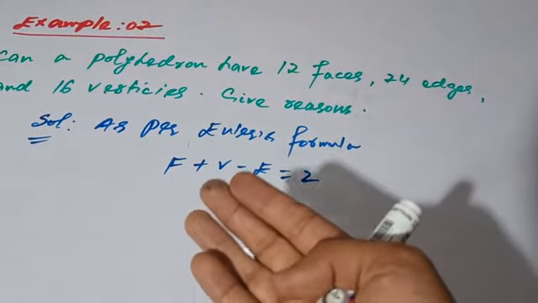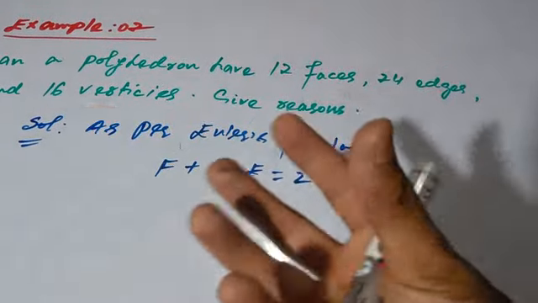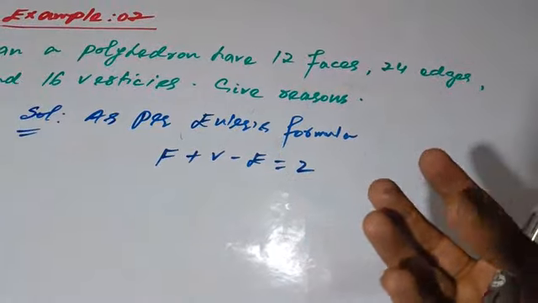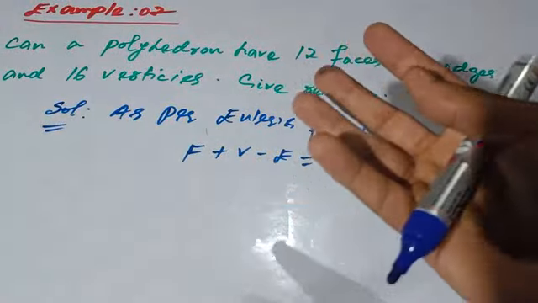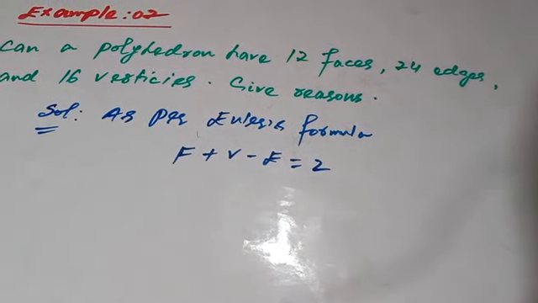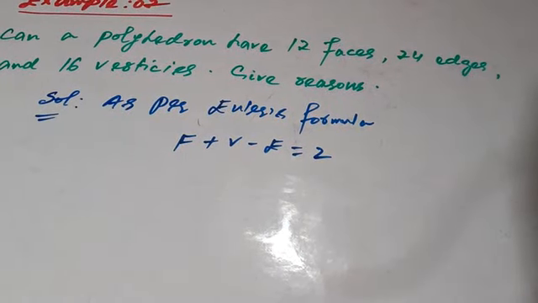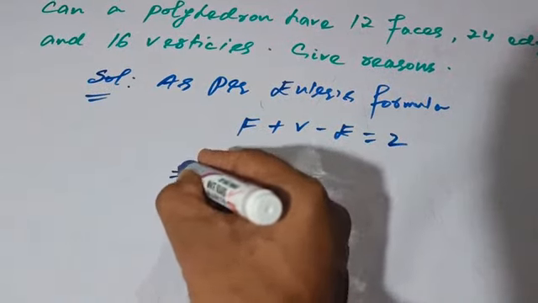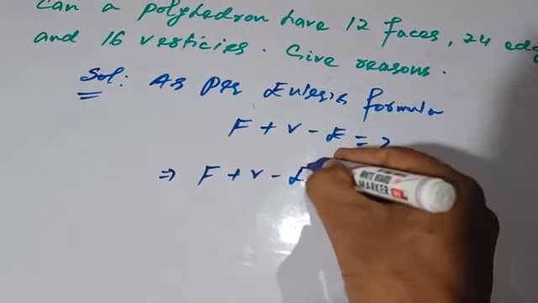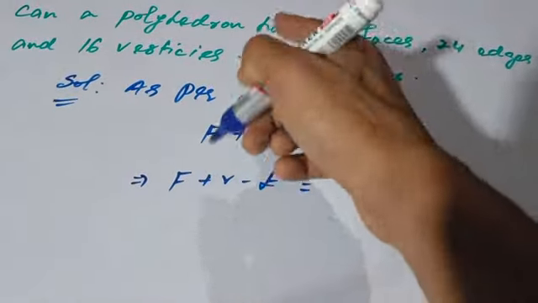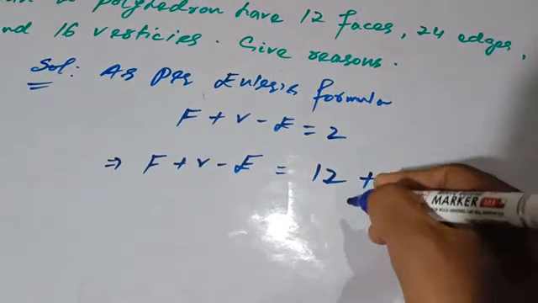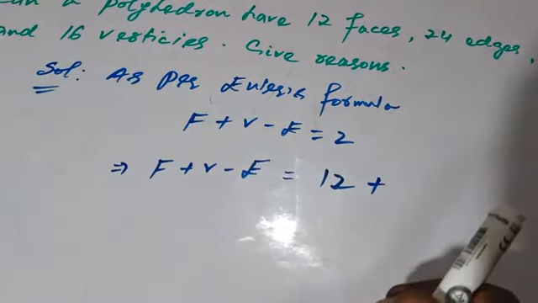So our left hand side is F plus V minus E. After simplification, we should get it equal to 2. Now let's see for these specific values what our left hand side is going to be. Is it exactly equal to 2 or not? It implies F plus V minus E. F, the number of faces, is 12. Number of vertices, that's 16.